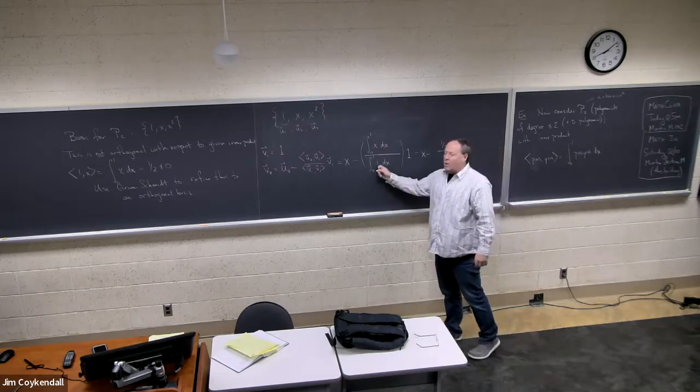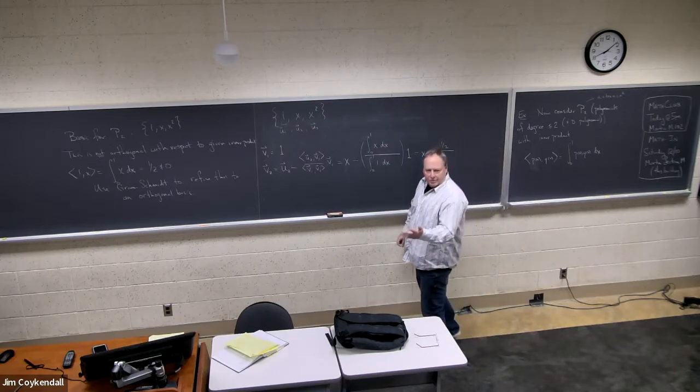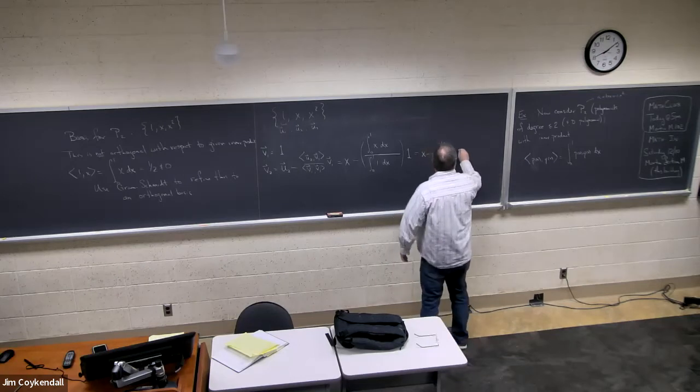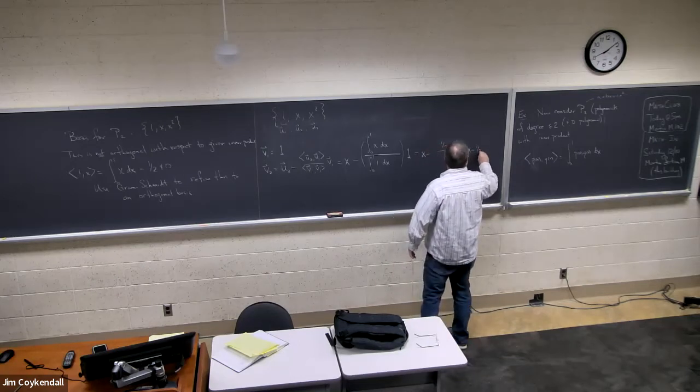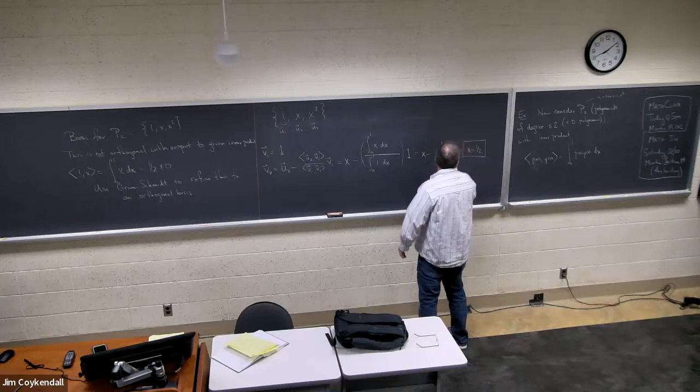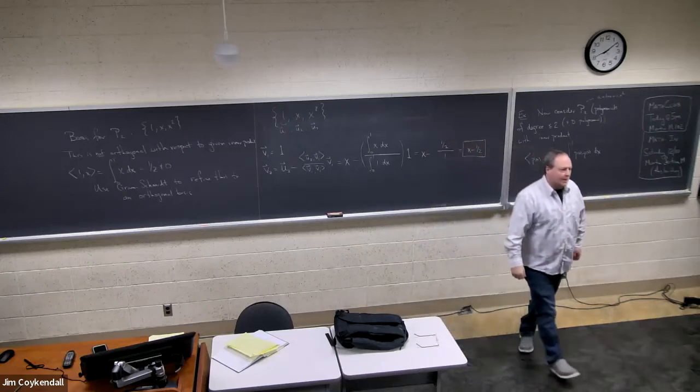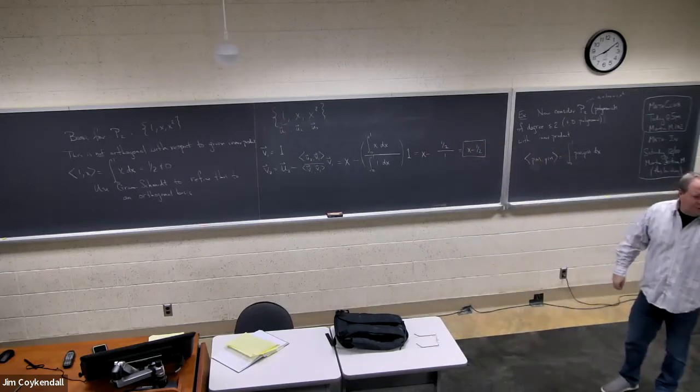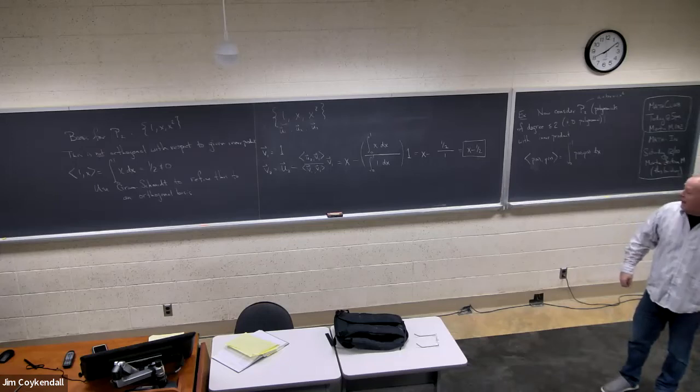And the integral of 1 from 0 to 1 is just 1. So 1 and x are not orthogonal, but 1 and x minus a half are orthogonal.